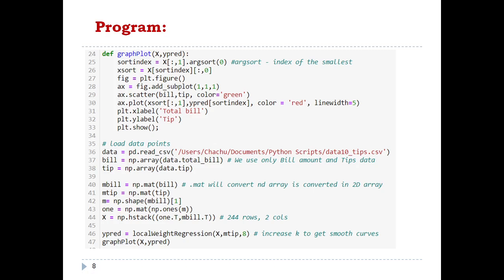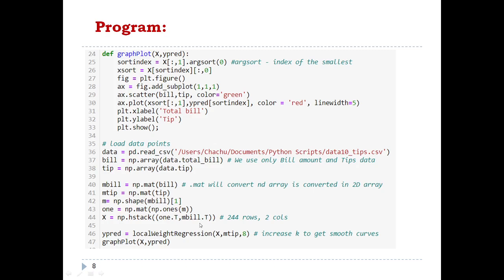We will take all the bill values. This data set has 244 rows and 2 columns. We are only taking the bill amount and the tips amount.